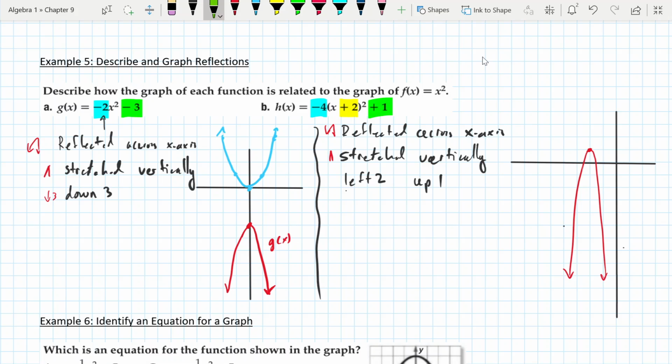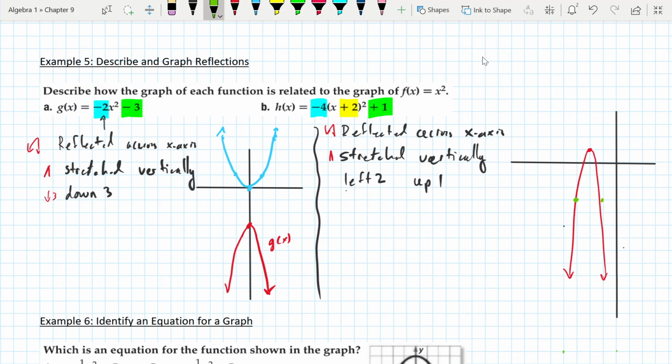What do I get? -1, -3. So you can see that's pretty close there. And then, well, let's plug in -4. See what happens. We get -15. So 1, 2, 3, 4, 5, 6, 7, 8, 9, 10, 11, 12, 13, 14, 15.